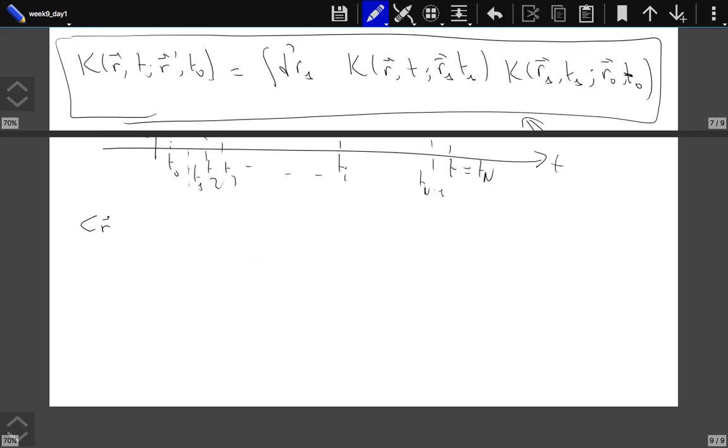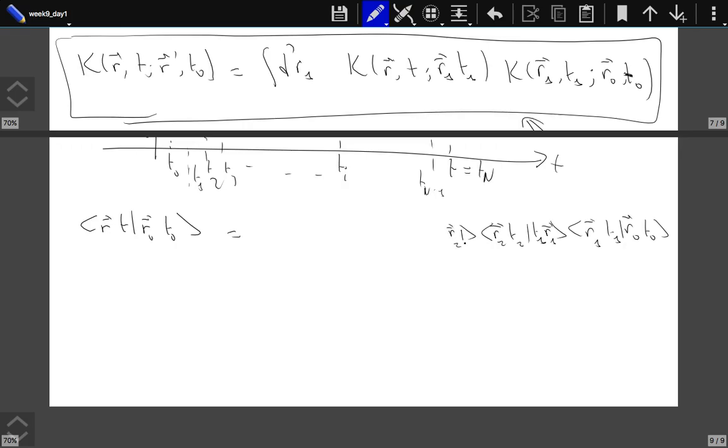I'm looking at this amplitude, r, t, r0, t0. This will be equal to, well, I start from r0, t0. I go to r1 at the time t1. Then I start from r1 at the time t1, go to r2 at the time t2.